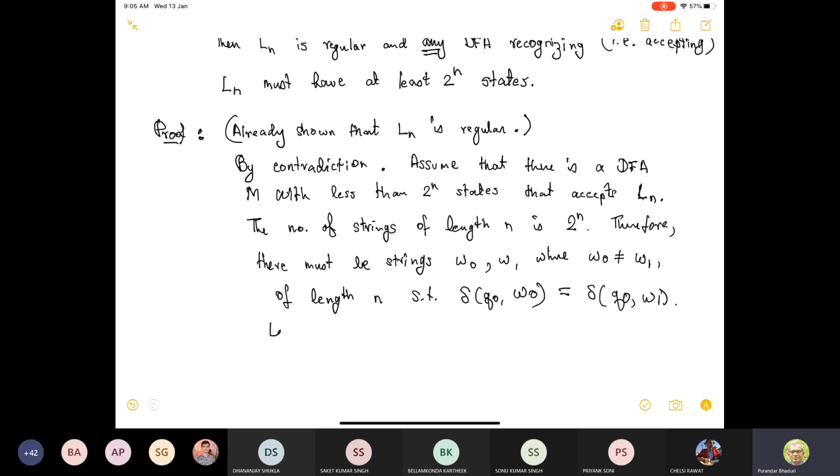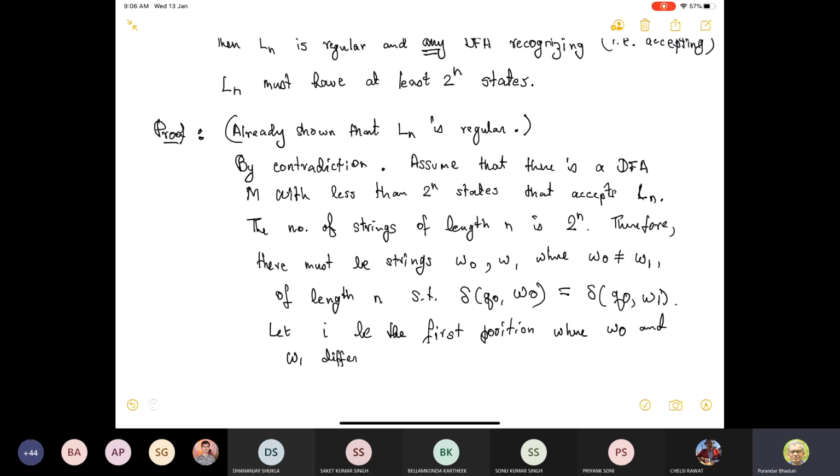And for that, let I be the first position, starting from the left, of course, where W0 and W1 differ. Because these 2 strings are unequal, I mean, they're of the same length, but they're not the same string. So they must have at least in some position two different bits.